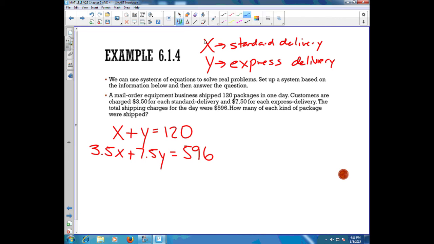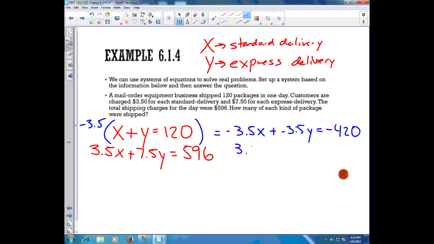So let's multiply the top equation by negative 3.5. And what we get is negative 3.5x plus negative 3.5y is equal to negative 3.5 times 120, which is negative 420.